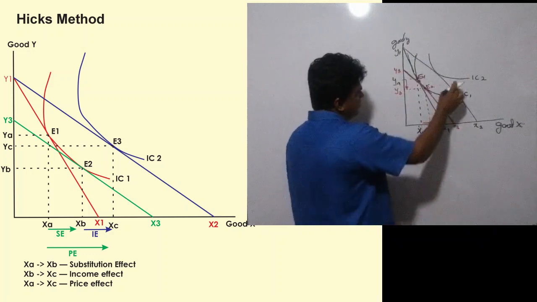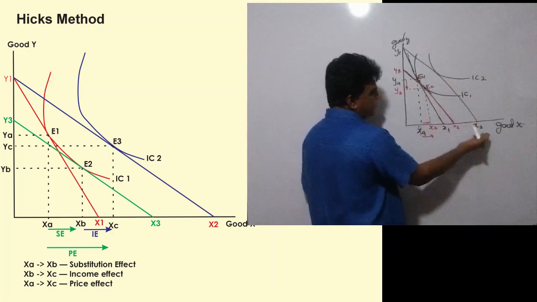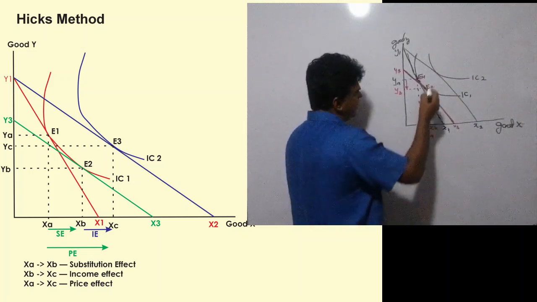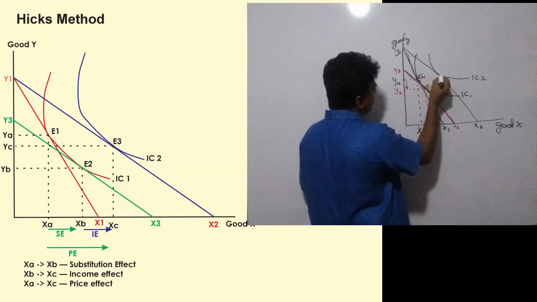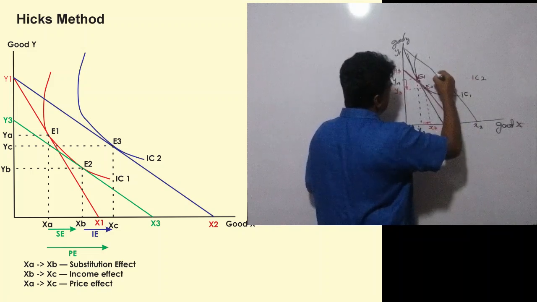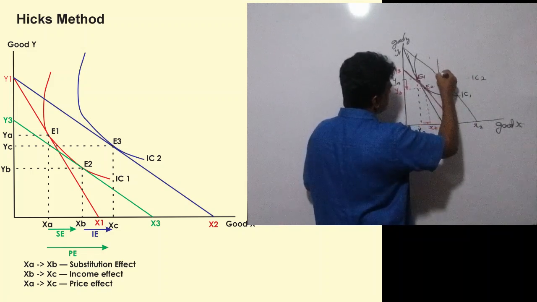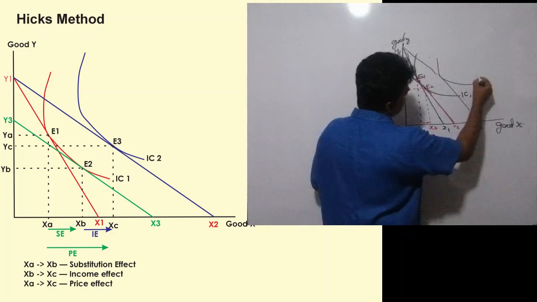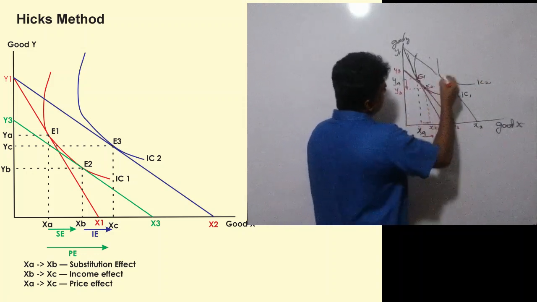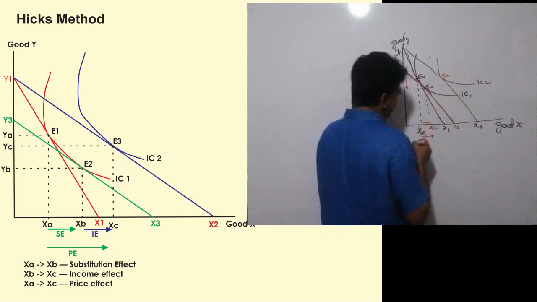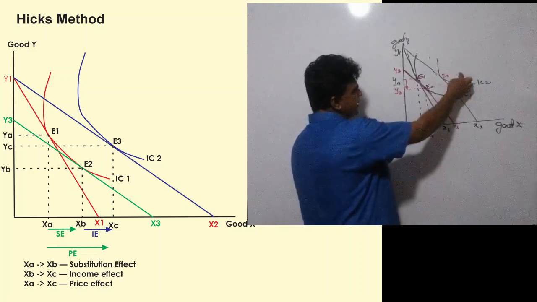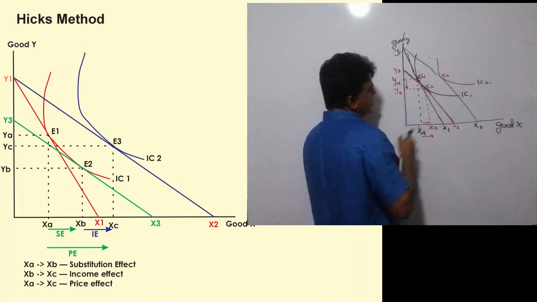Now consumers are increasing their consumption due to the increase of income. Say this is IC2, indifference curve 2. E3 is the equilibrium after price change, right?